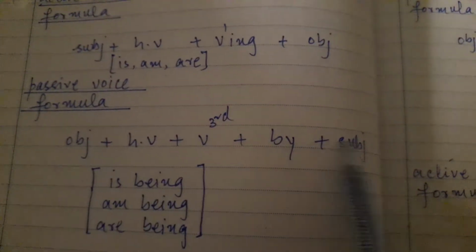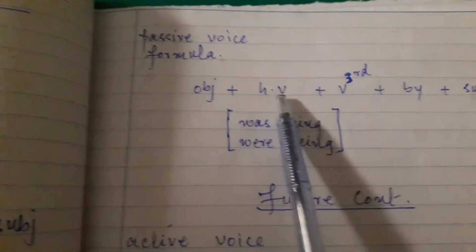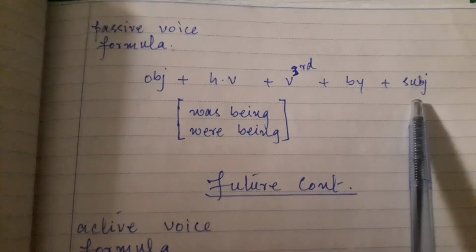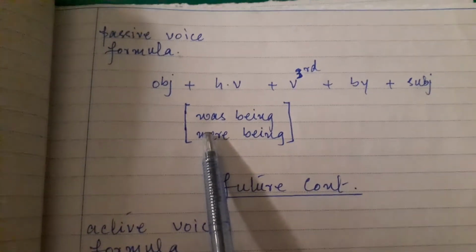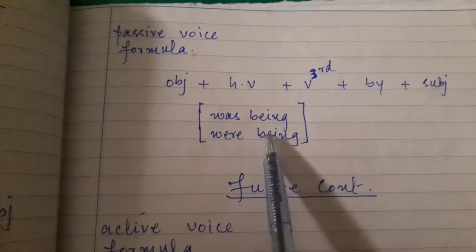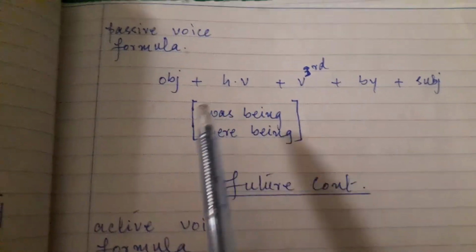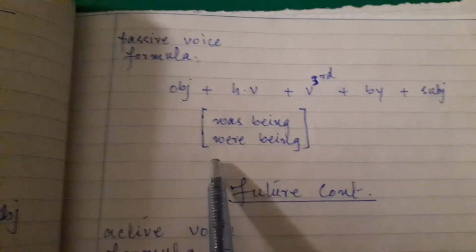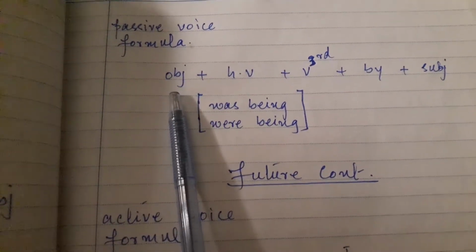Just see, the formula will remain the same, only we change the helping verb. Object, helping verb, third form of verb, by, and subject. Now here the helping verb is being, we use it for continuous, and because it is past continuous, for past we use was, were according to our object.